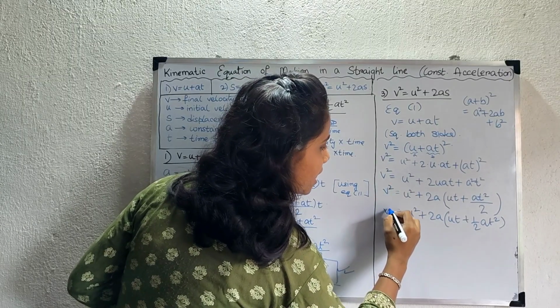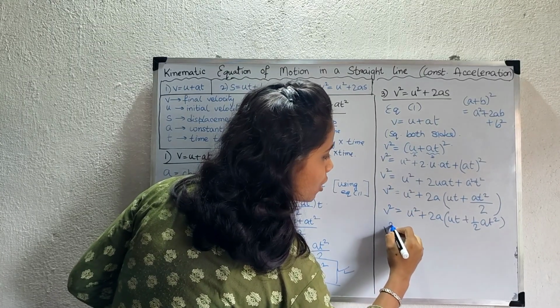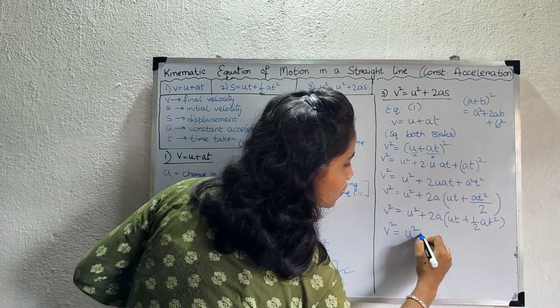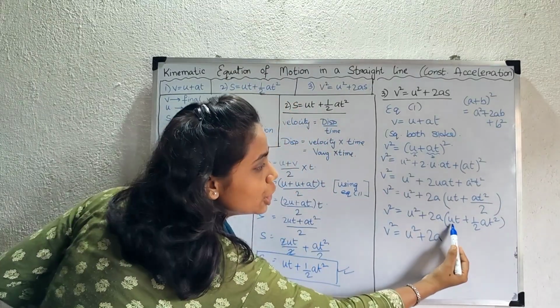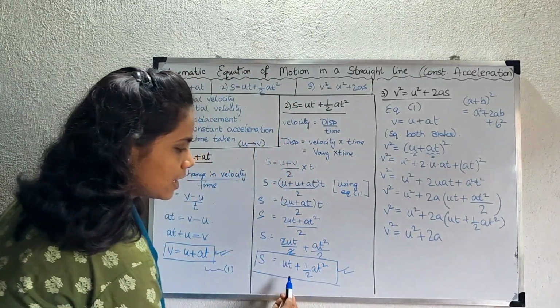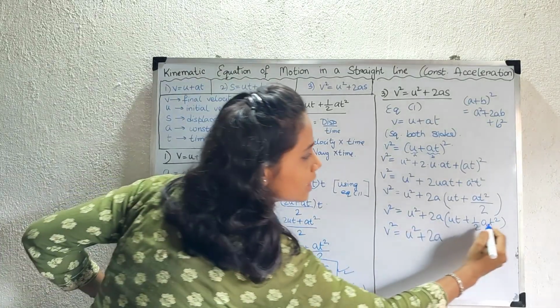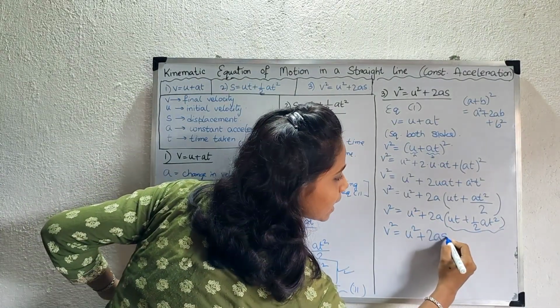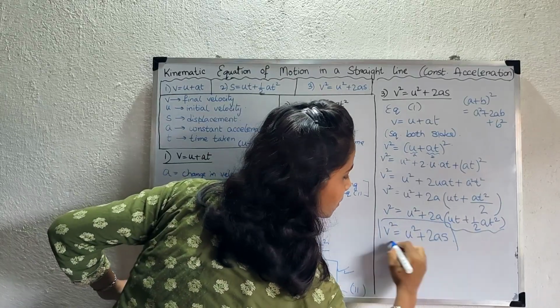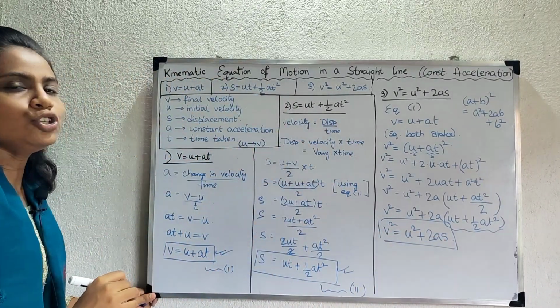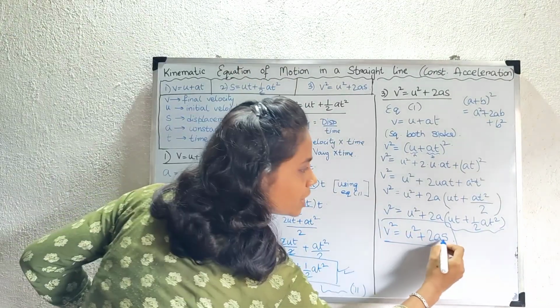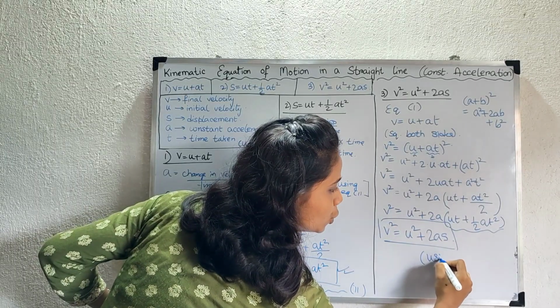This is v square, or v square equals u square plus 2a times ut plus half at square, and that we can write, in this place, as s. So v square equals u square plus 2as.